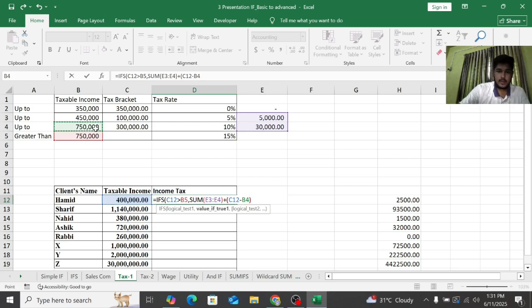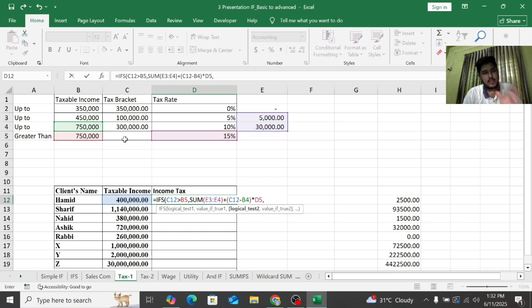After subtracting, you have to count 15% on the amount you get. Okay, this is our first logic. Hope it was easy to understand.